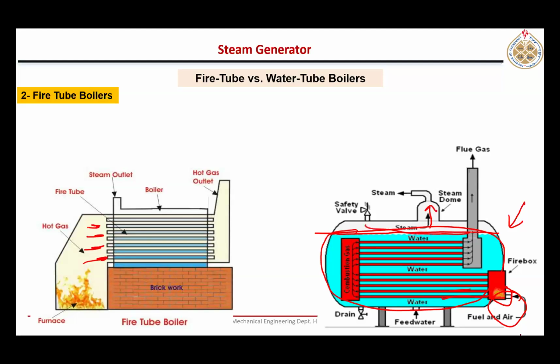So the steam is collected here, stored here, and then according to the requirement, this valve will open and steam will leave. Right. So these are the exhaust gases leaving after rejecting their heat to that liquid water. So these are called fire tube boilers. Right.